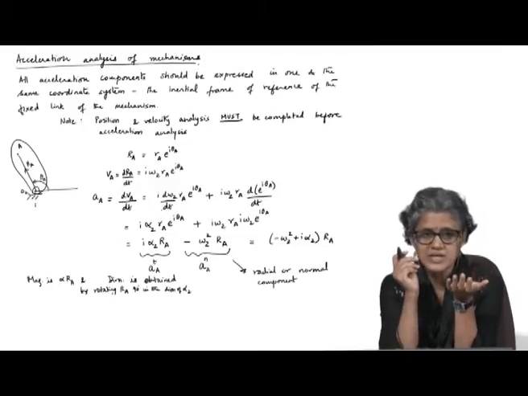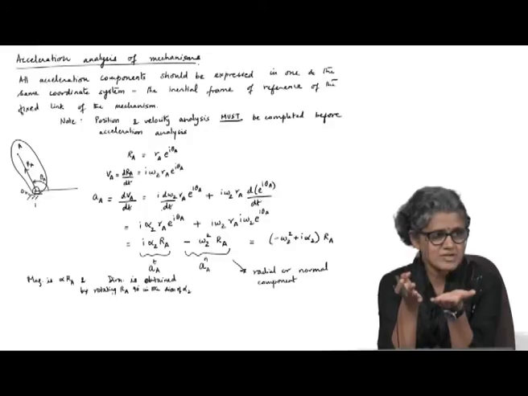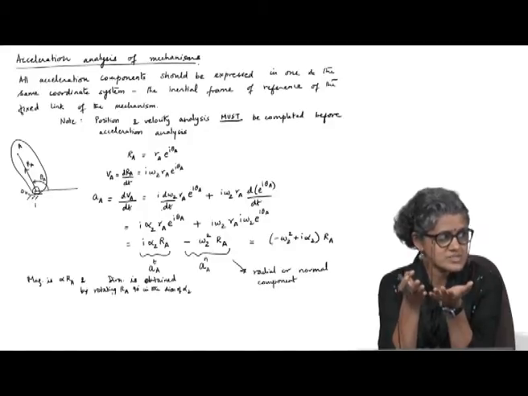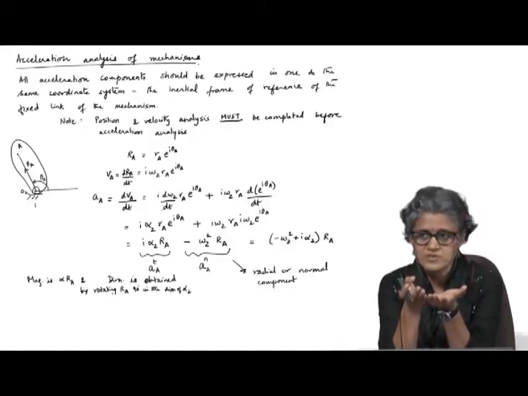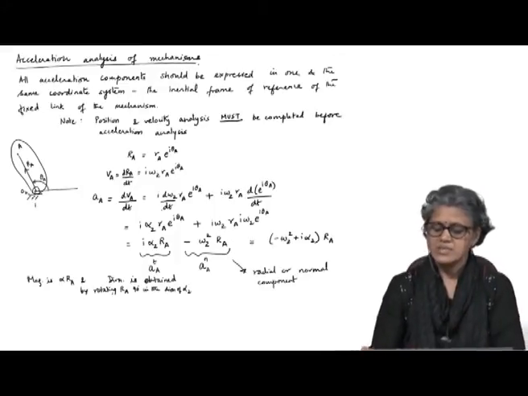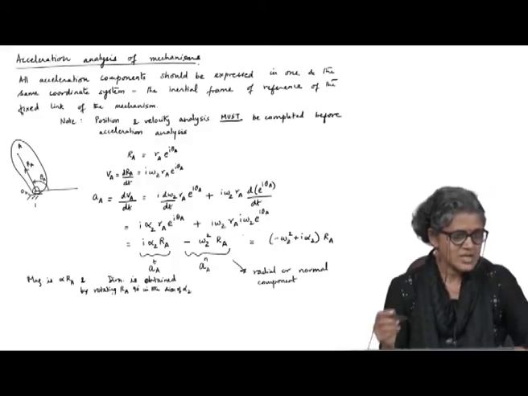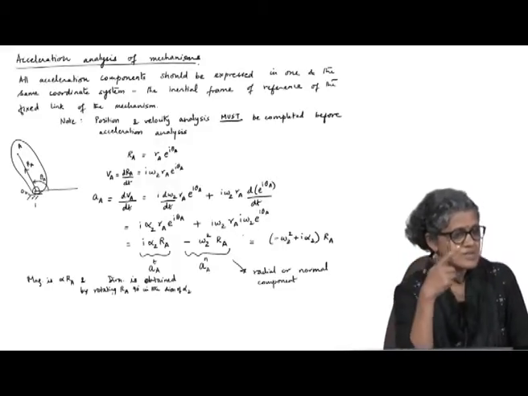If something is rotating at a constant angular velocity, alpha_2 is going to be 0 because the magnitude of omega is not changing. The normal component arises because of the change in the direction of the velocity vector.